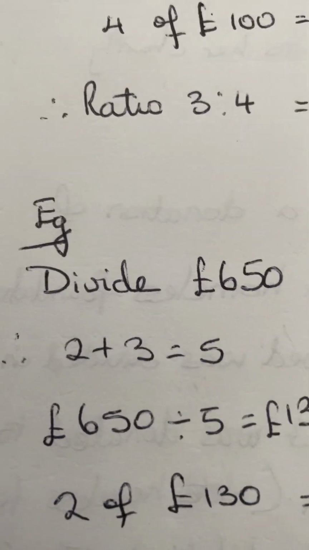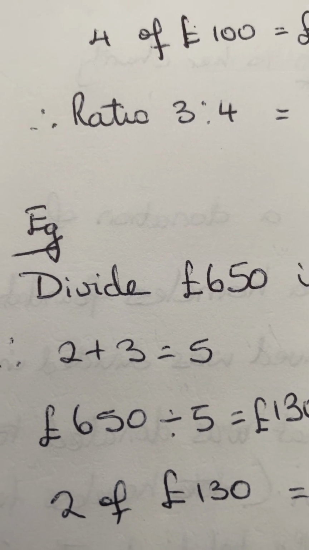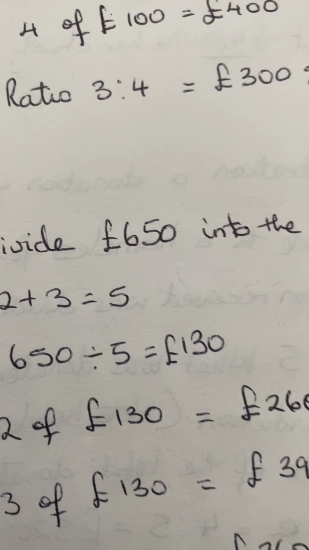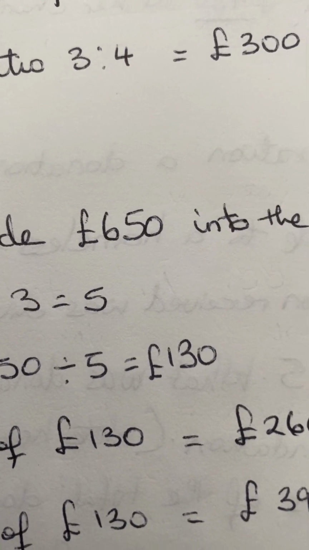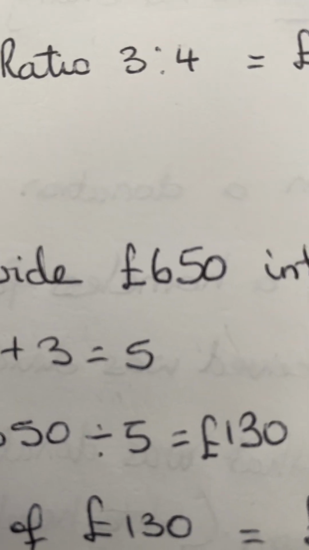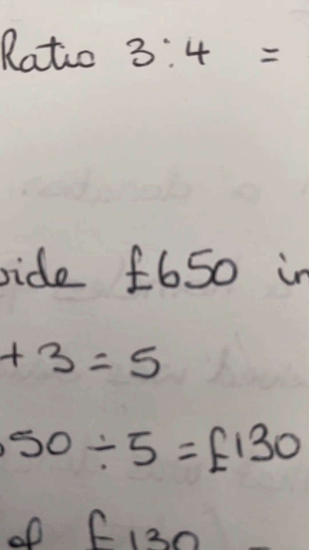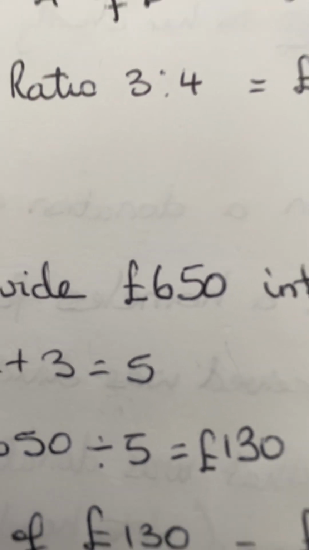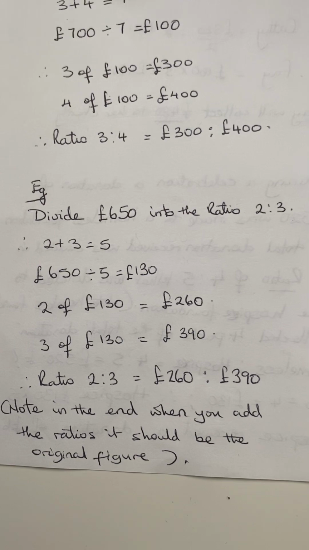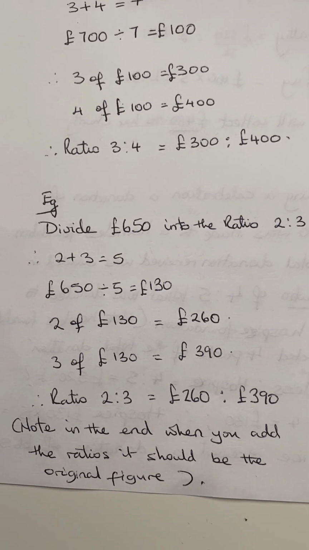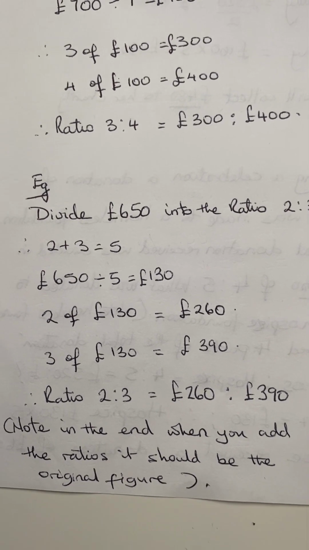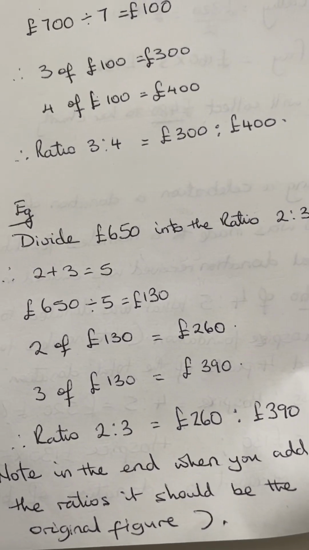So in the end, when you add the ratios, it should be the original figure. If it's less or more than that, then you've maybe made a mistake somewhere. You can quickly go and check.